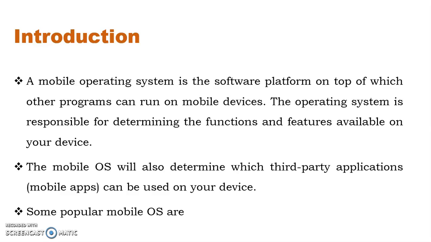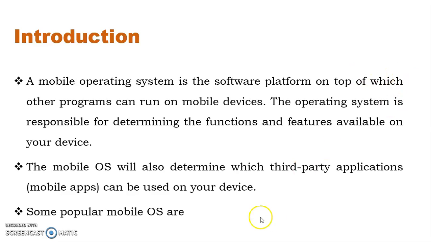The mobile operating system also determines which third-party applications, that is, mobile apps, can be used on your device. Without a mobile OS, we cannot install apps, we cannot interface, and resource allocation is also not possible.